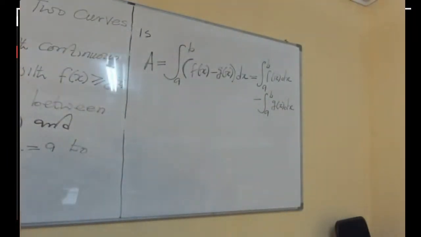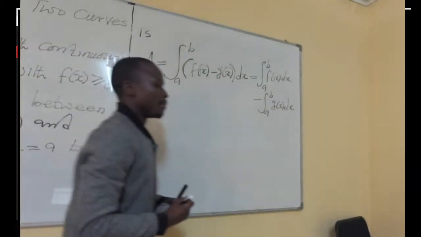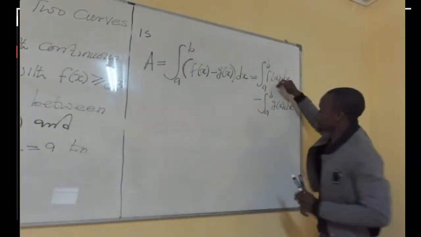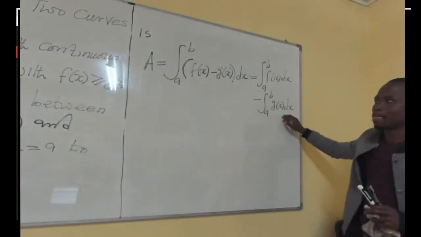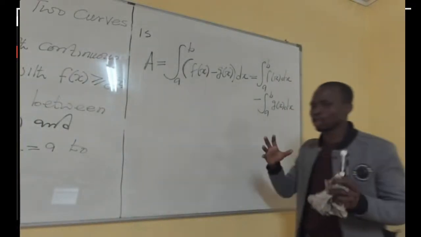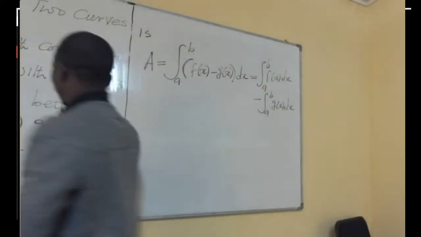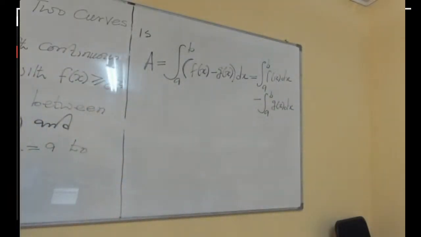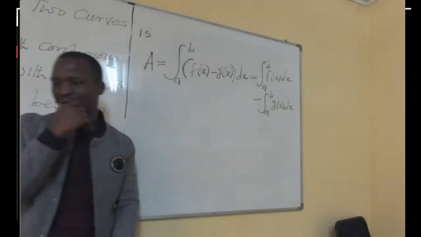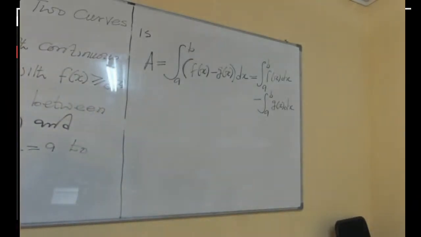So provided you have been given a region bounded by the two curves f of x and g of x, you need to look at which of those curves is greater than the other, then apply this formula. Okay, let's look at an example.